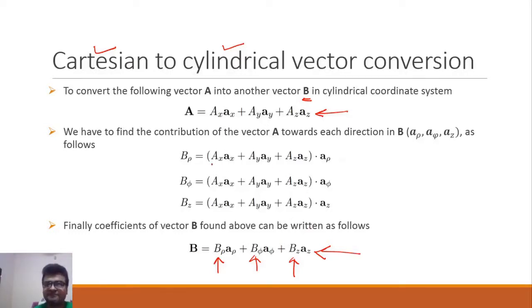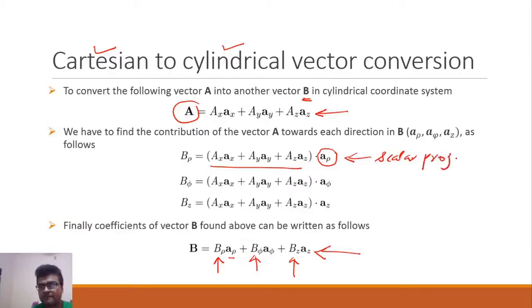one by one we dot multiply this complete vector A with the directions we want, because we want b rho. B rho is the coefficient which is in the direction of a rho. So what we are doing here is finding the scalar projection of A in the a rho direction.